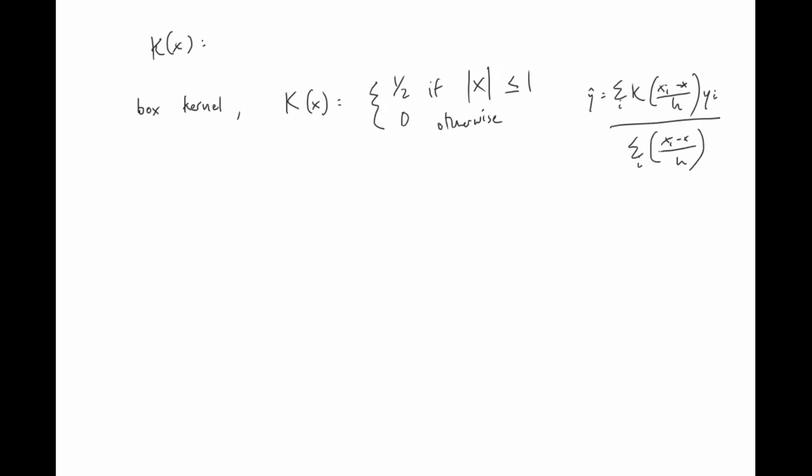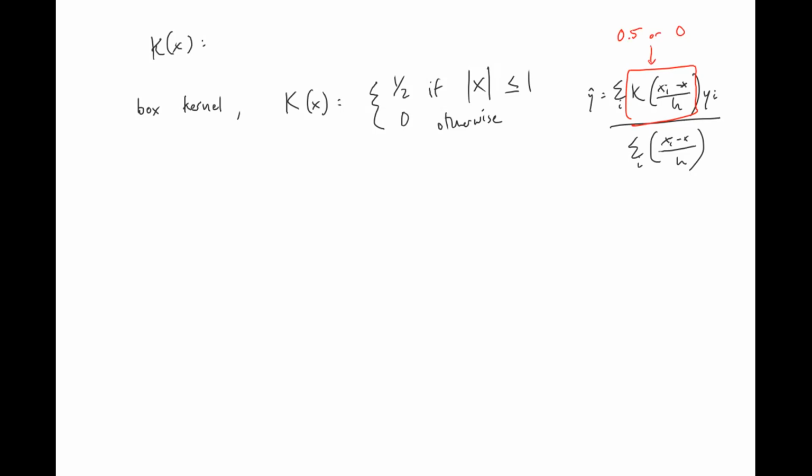So you can see in this term here, this term can either only take a value of 0.5 or 0 in the box kernel.